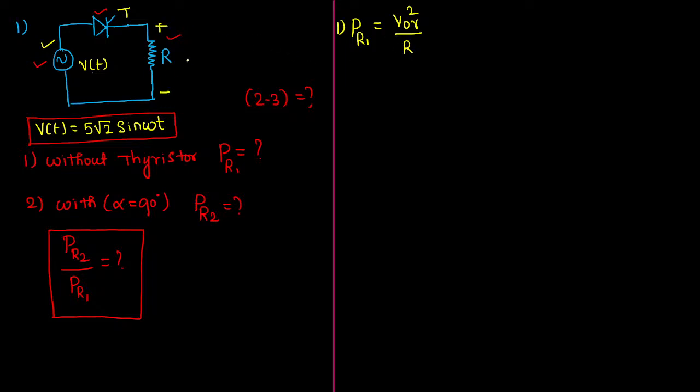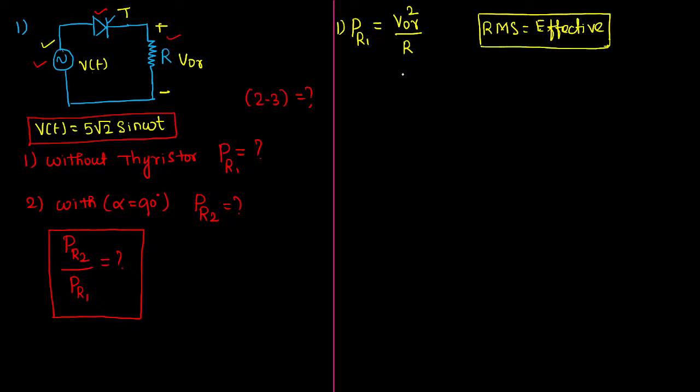I am treating this as our output port. In AC, power consumption is measured in RMS value, the effective value. So we always calculate RMS power in AC. That is the first conclusion.